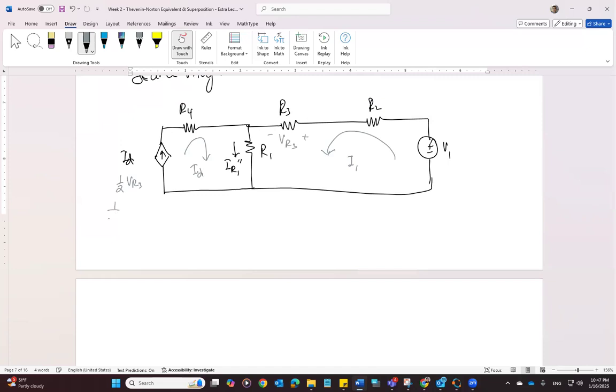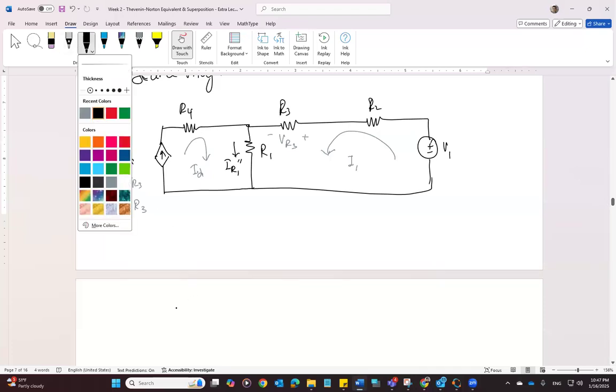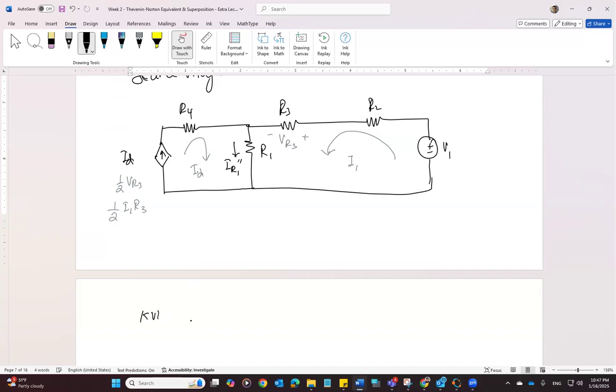So ID is going to become half of I1 times R3. All right, so let's write down KVL in the loop with the independent source.